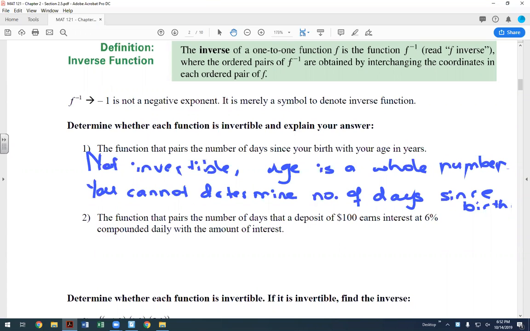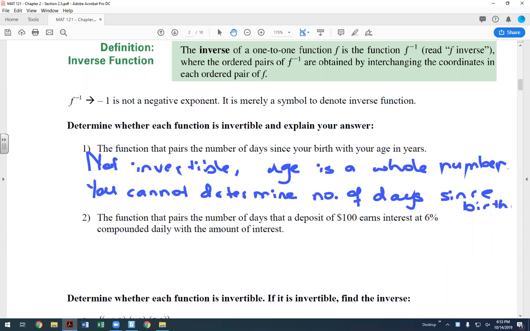Okay. Now, example 2, we're talking about a function that's pairing the number of days that a deposit of $100 is earning an interest of 6% compounded daily. So that's one variable, the number of days that this deposit of $100 at 6% interest compounded daily is earning.